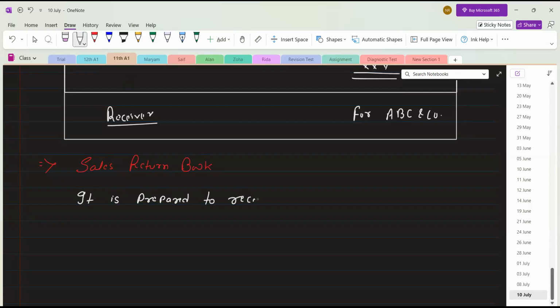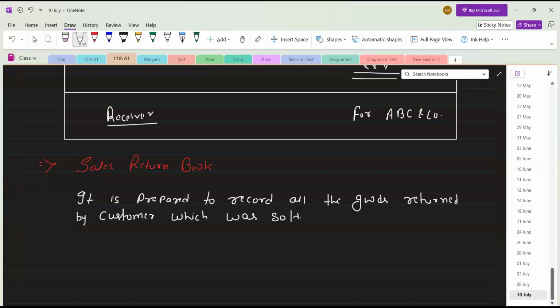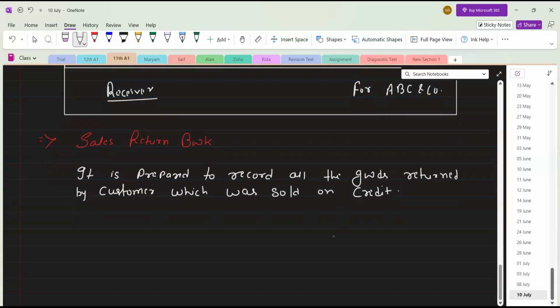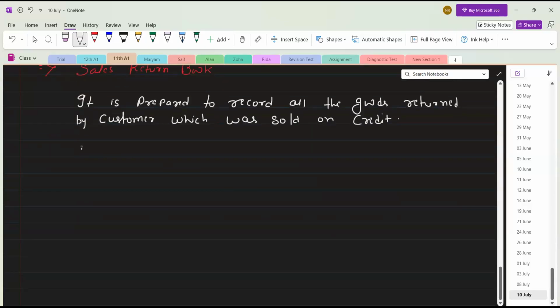So it is prepared to record all the goods returned by customers which were sold on credit basis. So this is our sales return book.